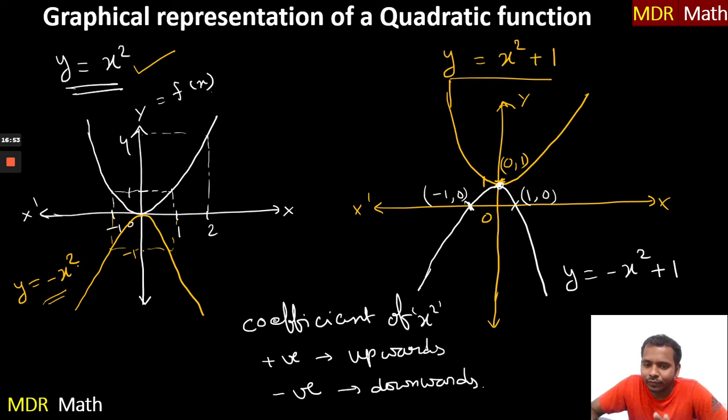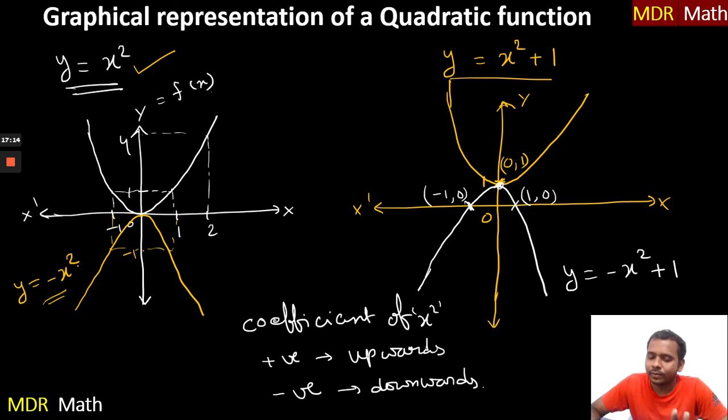So wherever this parabola cuts the x-axis, the x-coordinate at that intersection point is the root of the given equation.